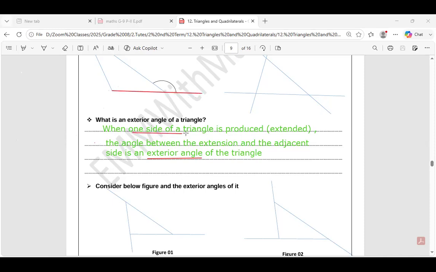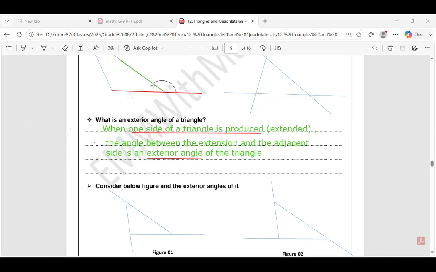One side of a triangle is produced or extended, the angle between the extension. So this is the extension. Red color is the extension. And the adjacent side, what is the adjacent side? I will mark it in a different color. I will use green. This is the adjacent side.